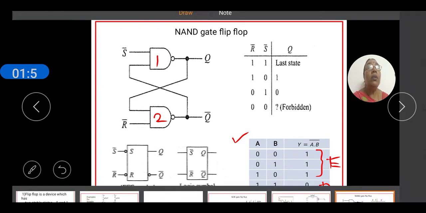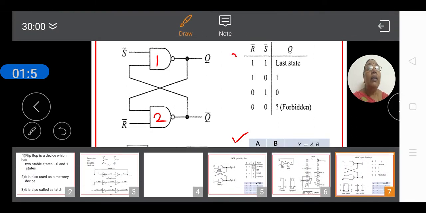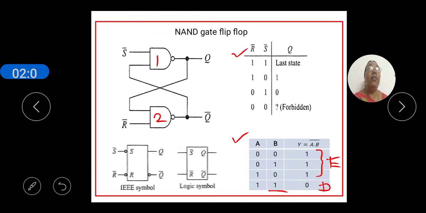Now come to the truth table for NAND gate RS flip-flop. The inputs are S bar and R bar. Here the truth table is written in the reverse order. R bar, S bar are 1 1, then 1 0, 0 1 and 0 0 respectively in the 4 cases.